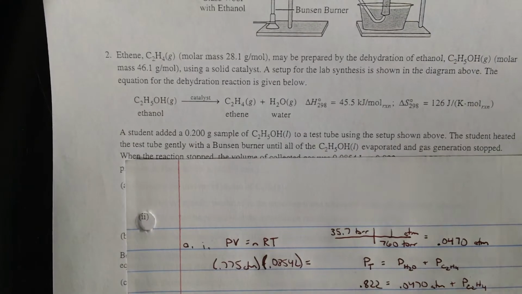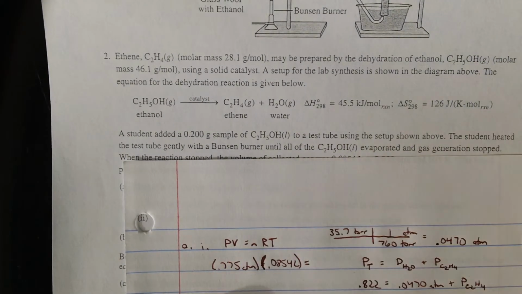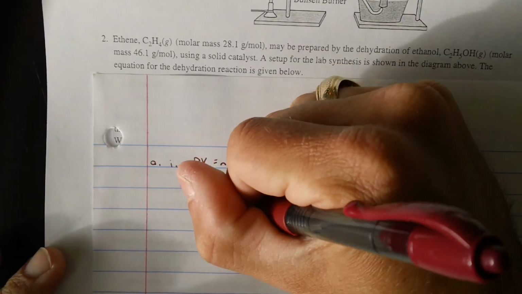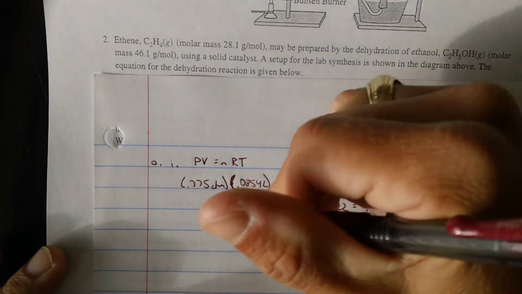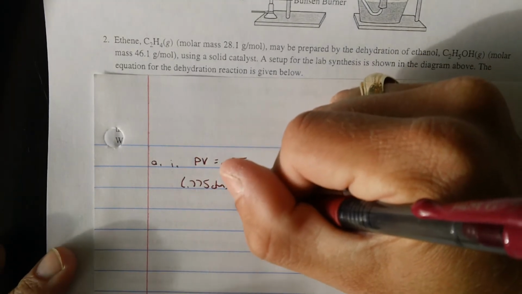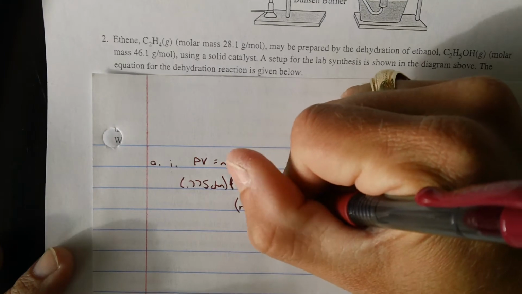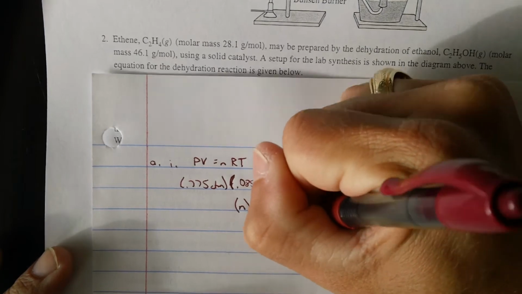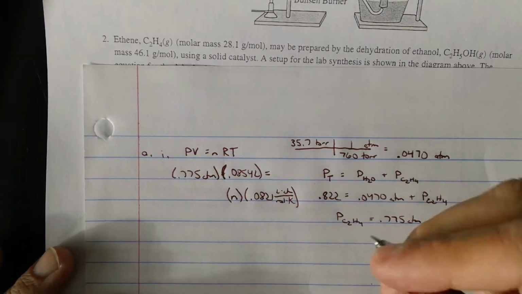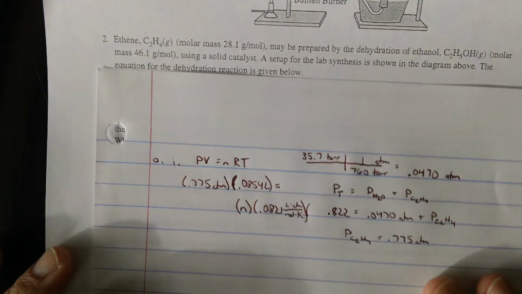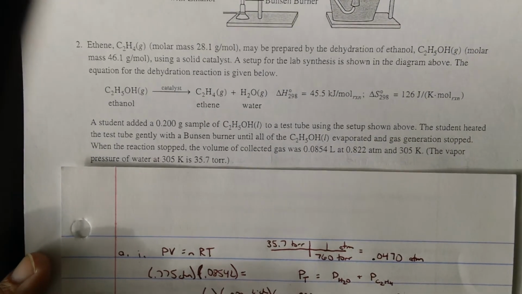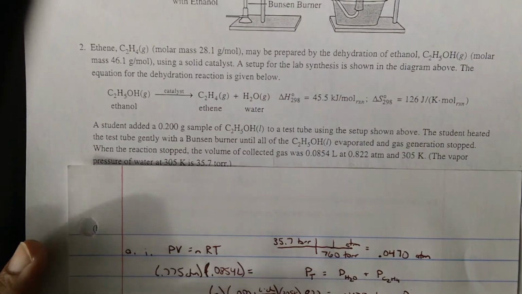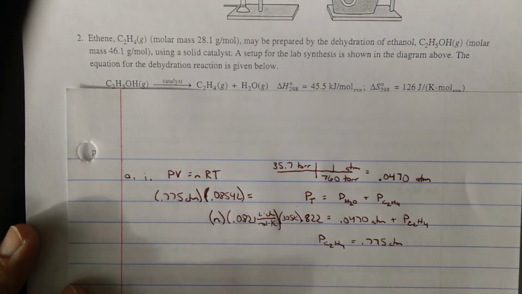That's going to be equal to, forgive me, I'm going to write it underneath, the number of moles that we're after, times the ideal gas law constant, 0.0821 liters atmospheres over moles times Kelvin, times the temperature that they gave us, 305 Kelvin.